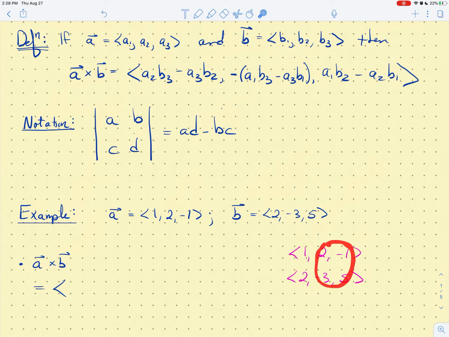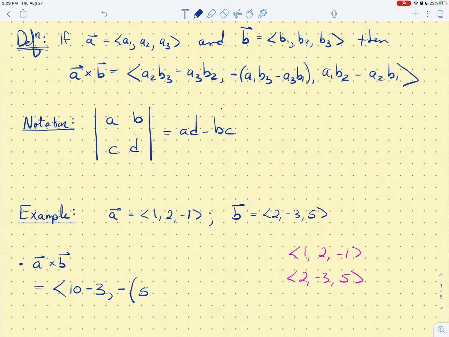So you look at that group of numbers and you say 10 minus 3. I'll write out the details so you can see it. You get 10 minus 3. For the middle component, you throw a negative in there, and then you do the same thing. You cover up the middle, and the numbers that are left form a 2 by 2 grid, and so you're going to get 5 minus -2.